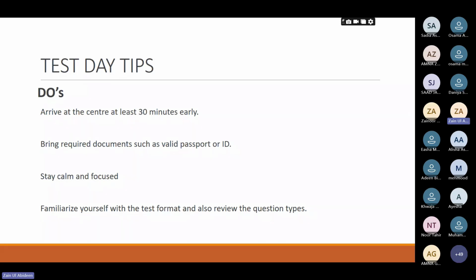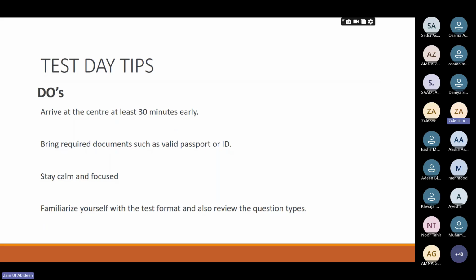You don't stress out, and if there is some kind of mishap, like they can't ID you properly or match the documents properly, they can sort it early and you don't have any problem on your test day. So I advise arriving at least 7:30 or 8 o'clock at the test center.